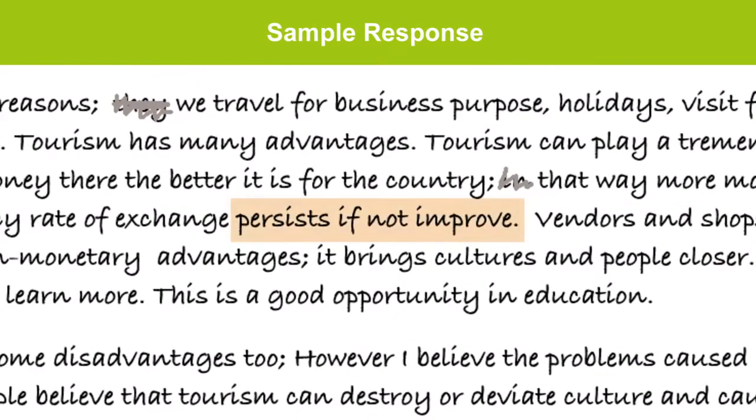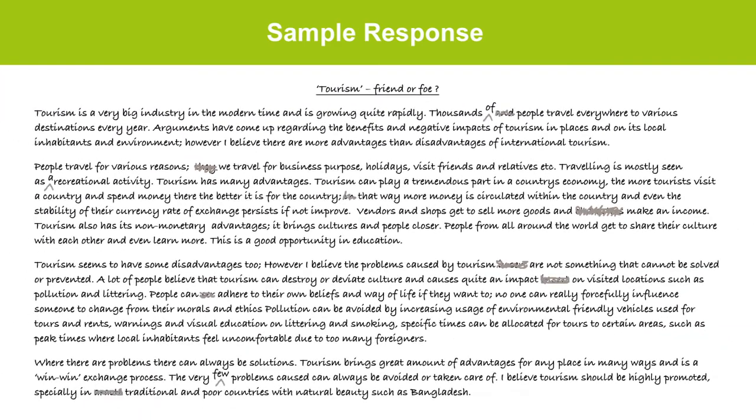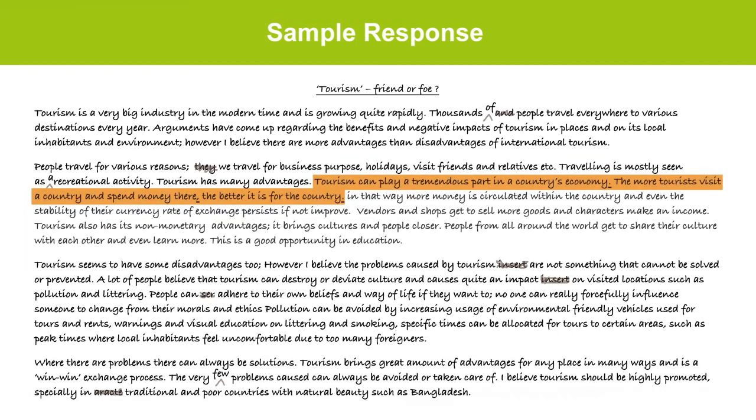And lastly, the use of punctuation is sometimes quite unhelpful. This answer has too many semicolons, missing commas, and missing apostrophes, like in this sentence. It should read like this.